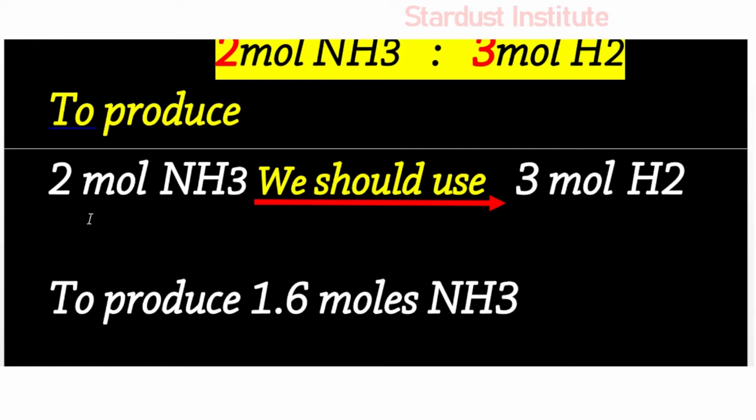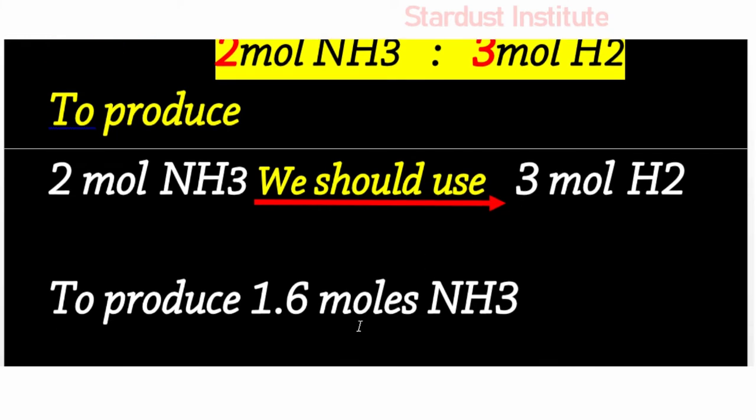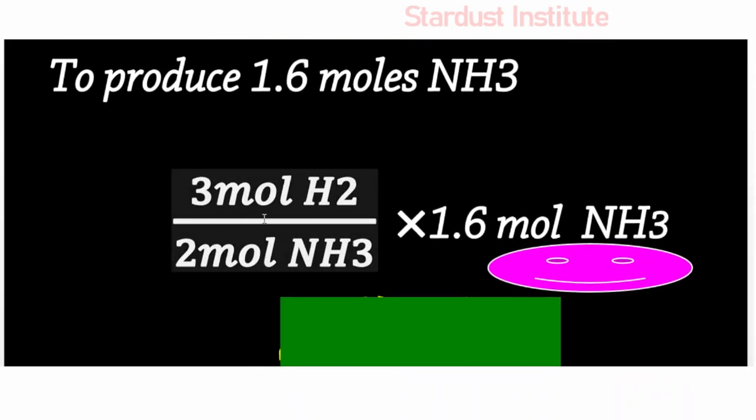We know to produce 2 moles ammonia, we should use 3 moles H2. To produce 1.6 moles ammonia, we can find it in this way: 3 moles H2 divided by 2 moles ammonia multiplied by 1.6 moles ammonia.